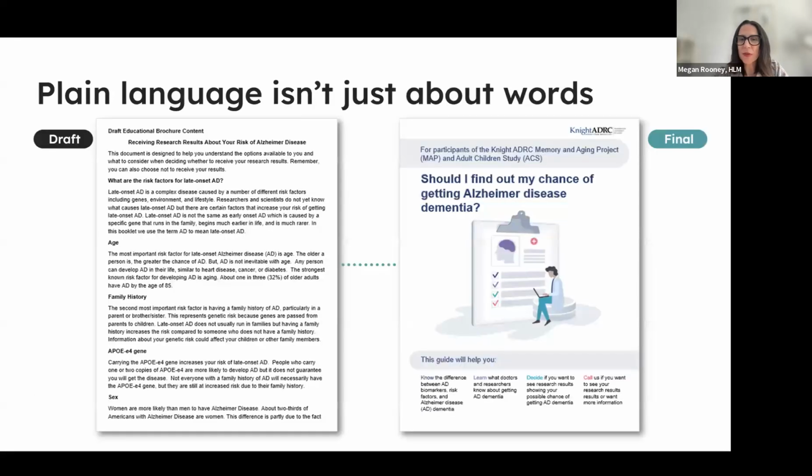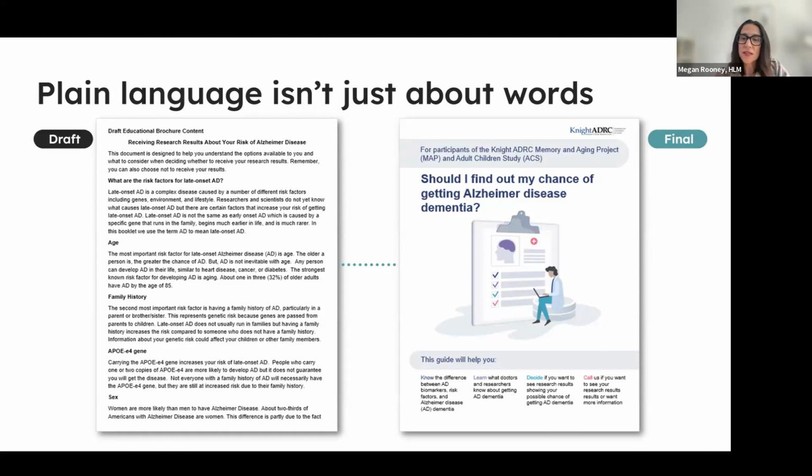So here's just an example of what plain language looks like to us. On the left, you see content for a patient report after they had some genetic testing for their risk of Alzheimer's. On the left is the before, the draft version. It was just black and white content on a page.